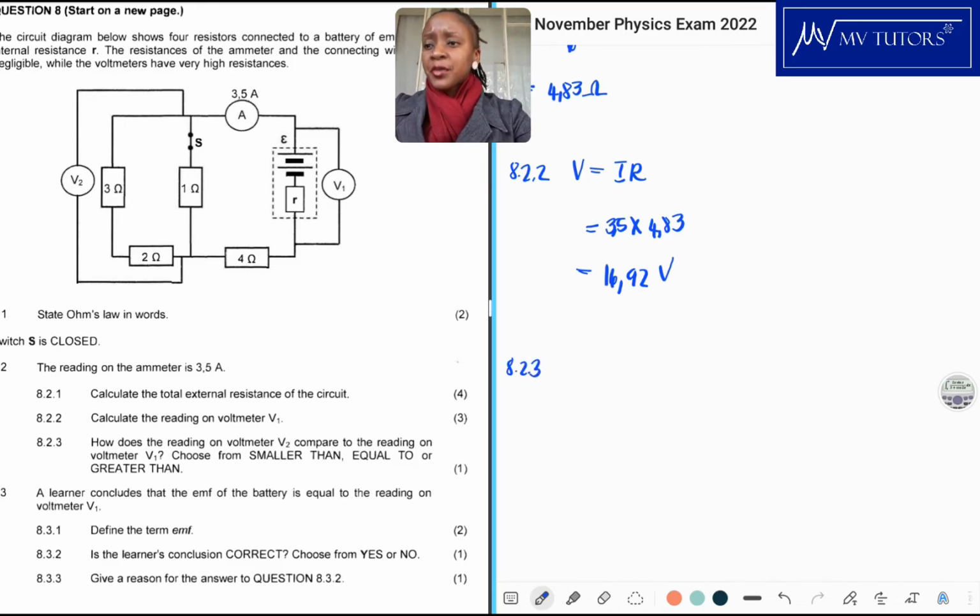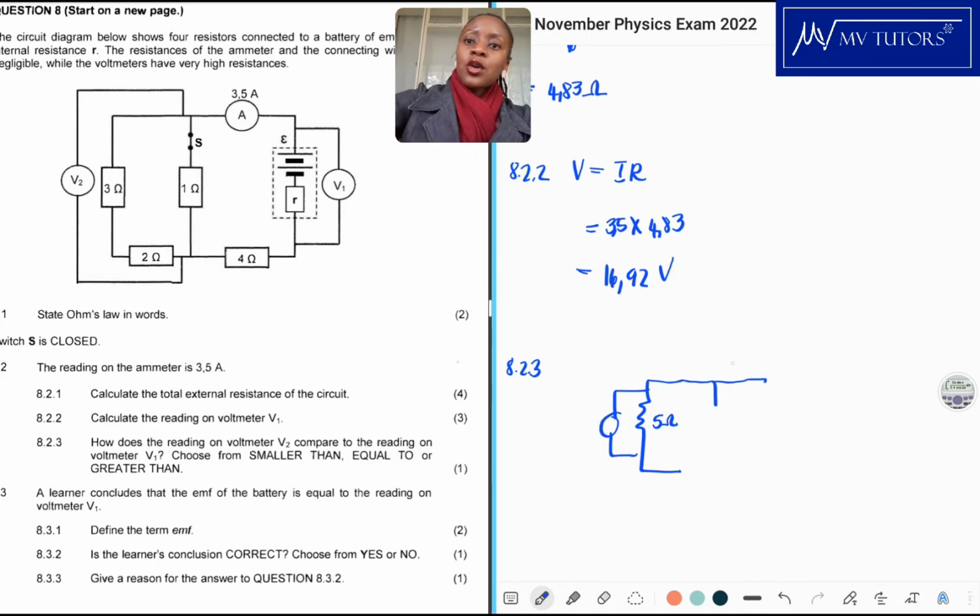8.2.3. How does the reading on voltmeter V2 compare to the reading on voltmeter V1? Voltmeter V1 is 16,92. To get voltmeter V2, if you had resolved the two resistors, it would be the reading across the 5 ohm resistor. Remember, because the circuit is closed, you have 3,5 amperes here.